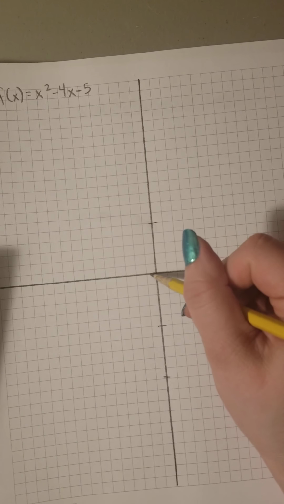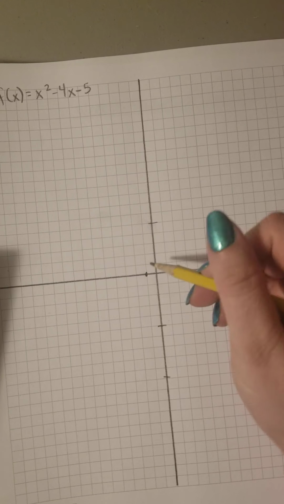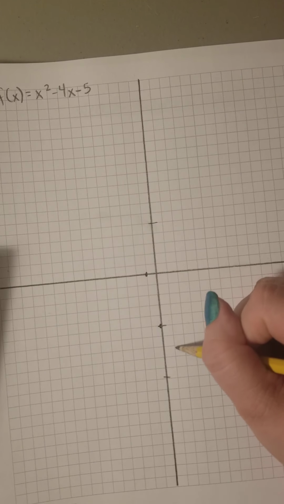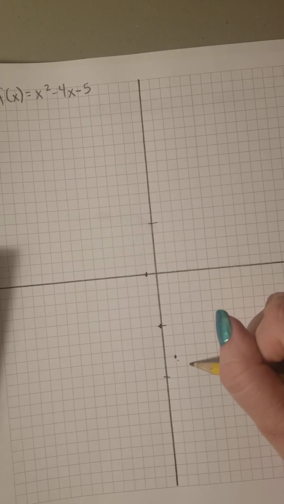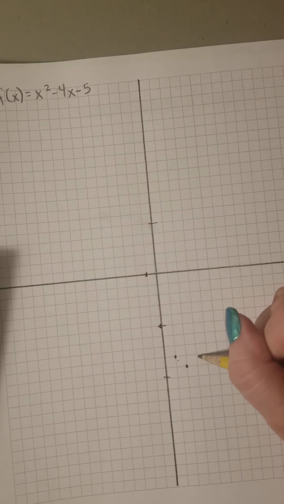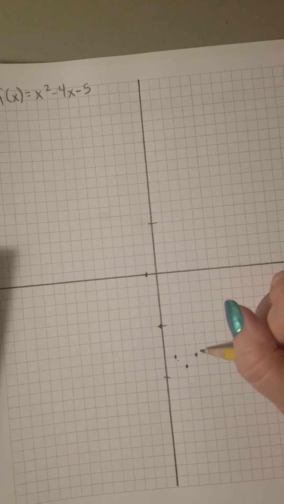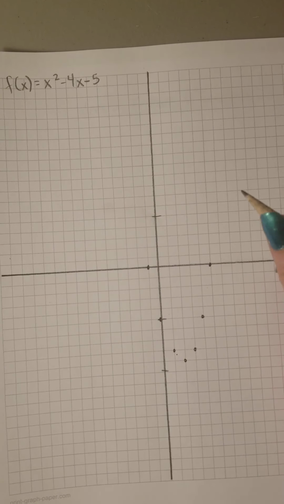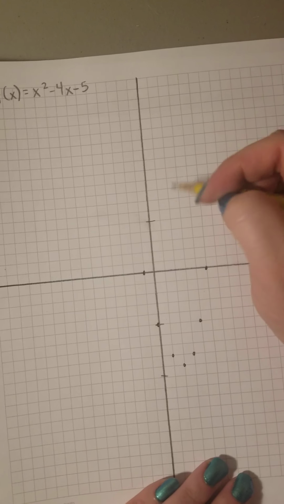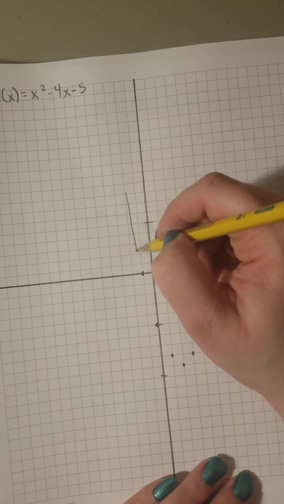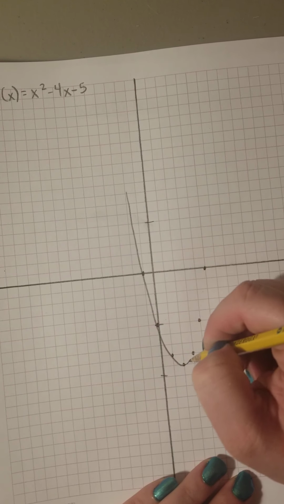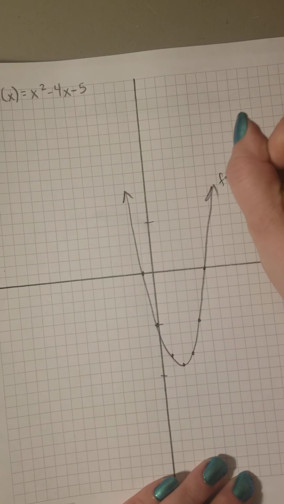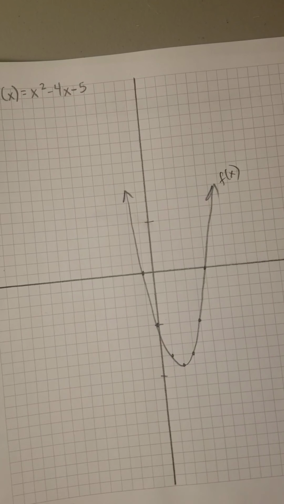Okay, so -1, 0, 0, -5, 1, -8, 2, -9, 3, -8, 4, -5, and 5, 0. So I have these points which I used my graphing calculator to find. This parabola, or quadratic, would be the graph of f of x.